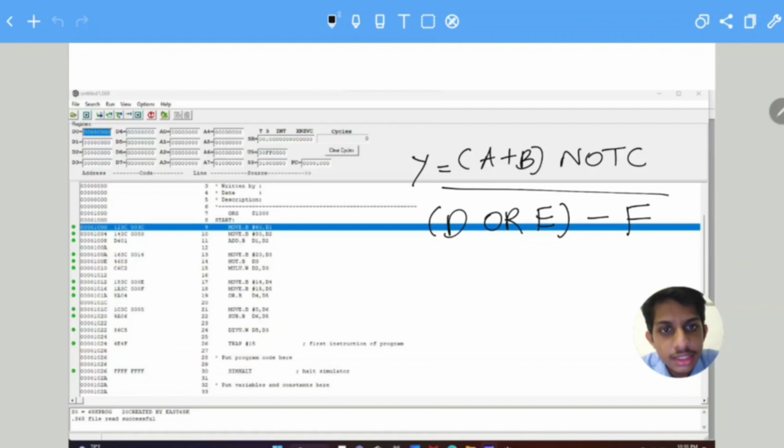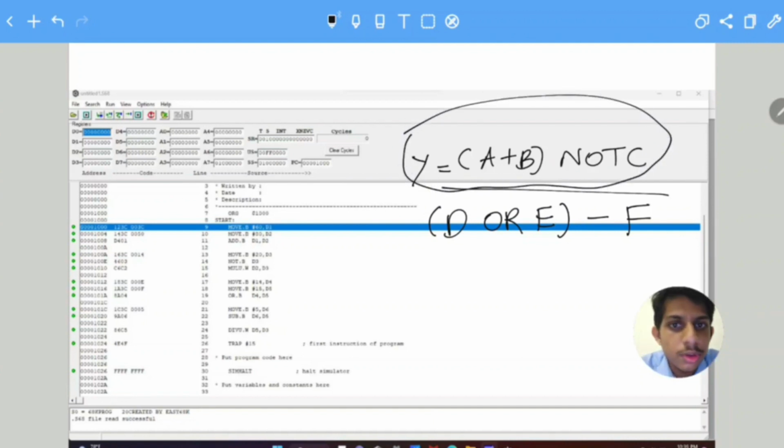First, we solve the upper part first. We will focus on this. We must move the A value into the location D1.